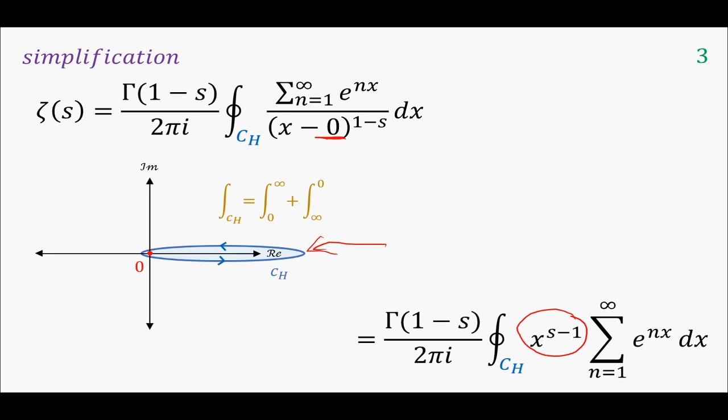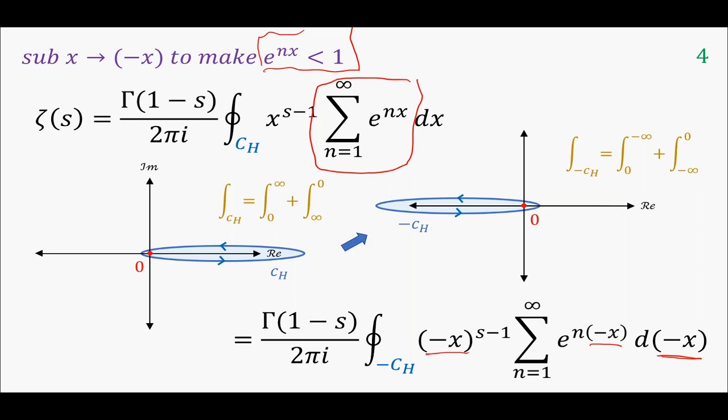For right now, just know that this contour can be broken up into two integrals, this one and this one, and it can also be broken up this way and shown that you can derive this without using fractional calculus, and that's how Riemann did it and how others do it. We'll get into this later.